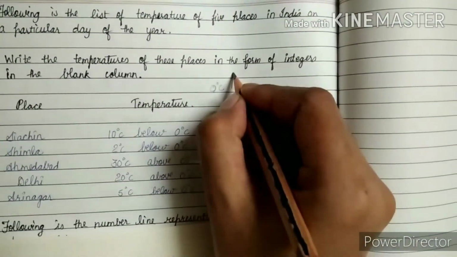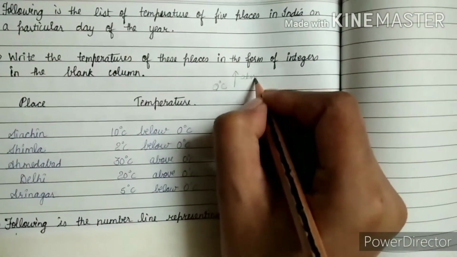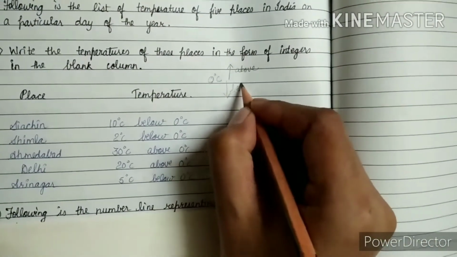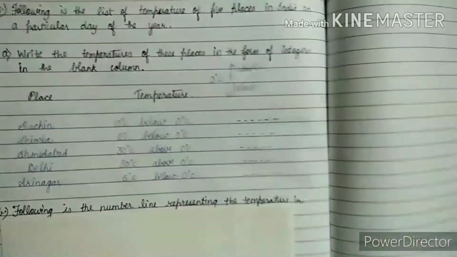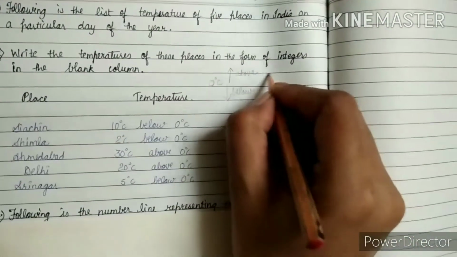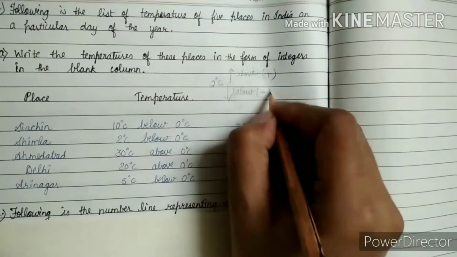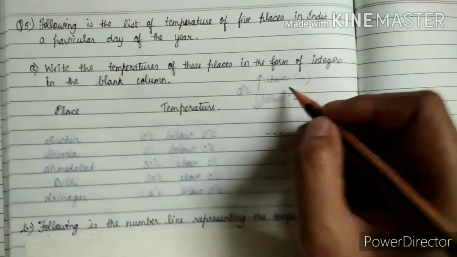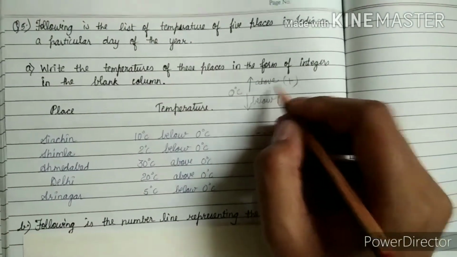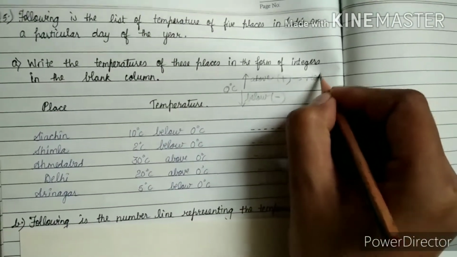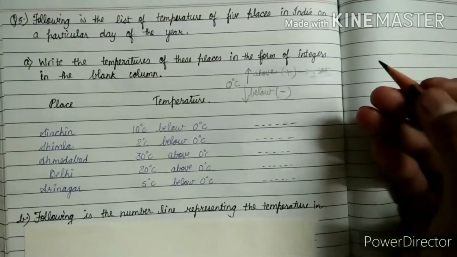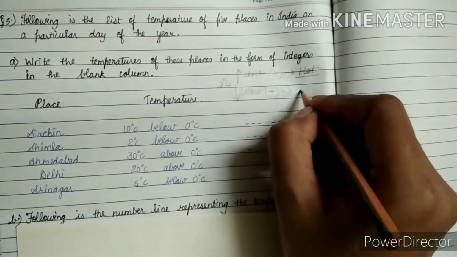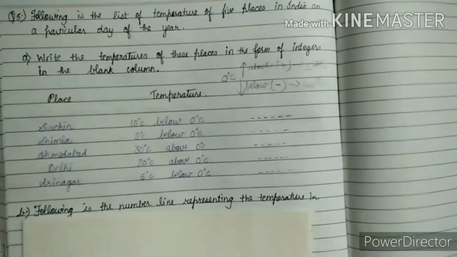When the question gives us above, we have to go up, and when the question gives us below, we have to go down. Above is a positive sign and below is a negative sign. The more the temperature goes above, the hotter it is, and the more the temperature goes below, the cooler it is. You can easily see.